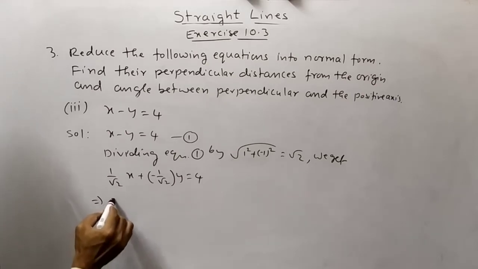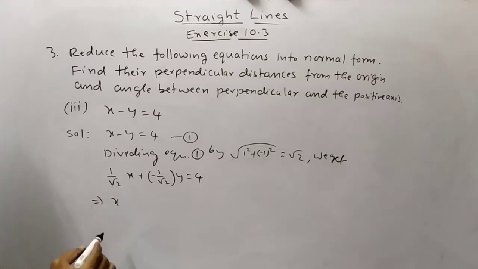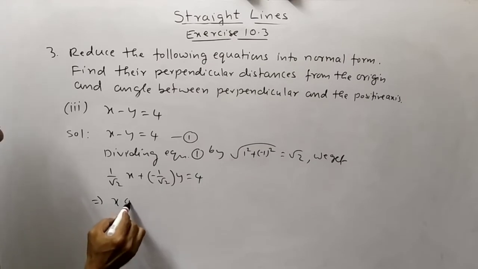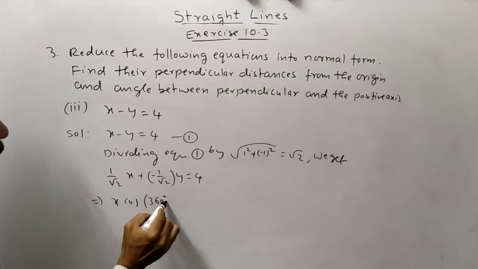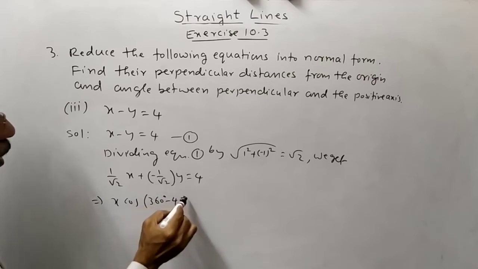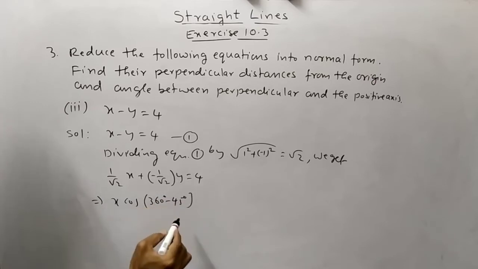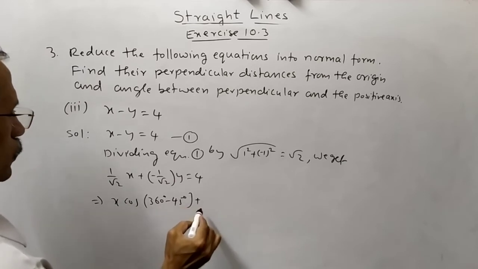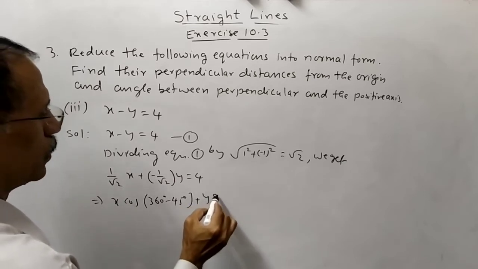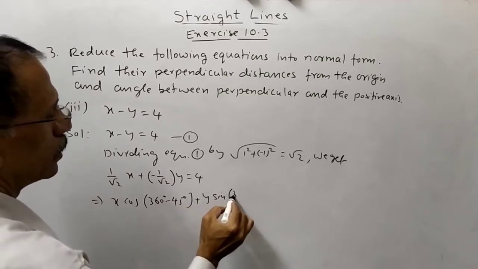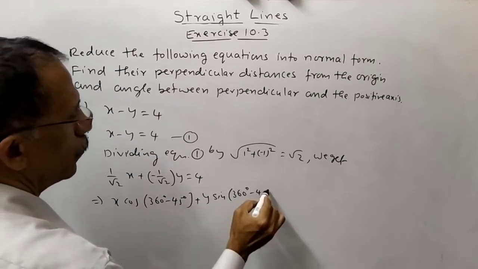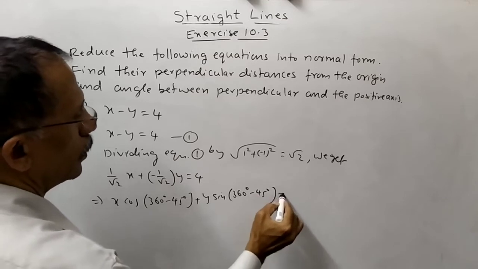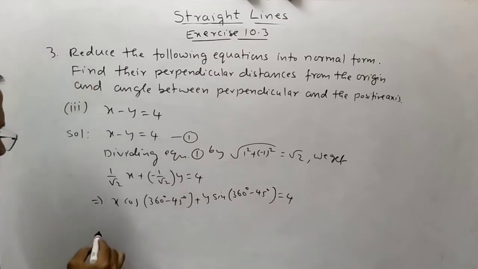Therefore, this equation can be written as x into cos of 360 degree minus 45 degree plus y into sin of 360 degree minus 45 degree is equal to 4.